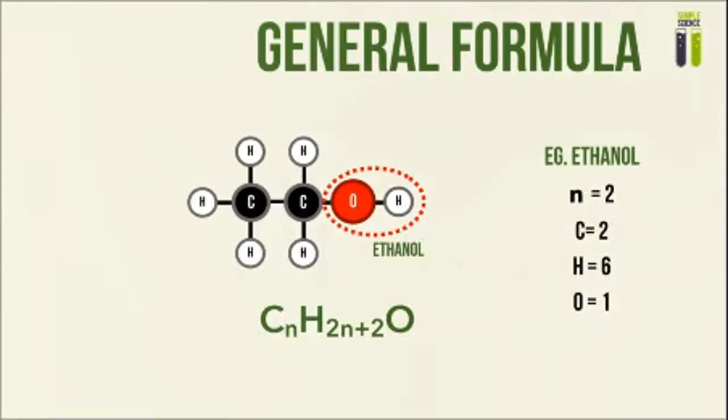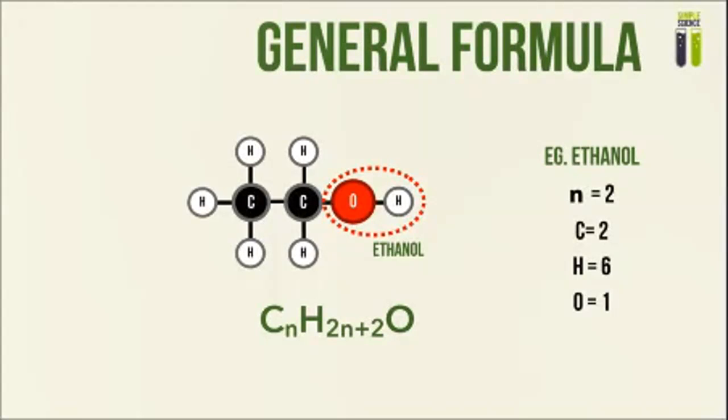So this is an example of an alcohol molecule with one OH group, but there can be molecules with multiple OH groups. In this case, this molecule with one OH group would be called ethanol. If there were 2 OH groups, it would be called ethanediol.